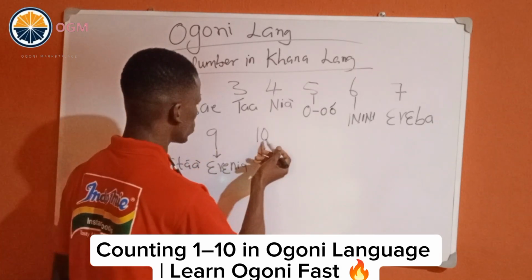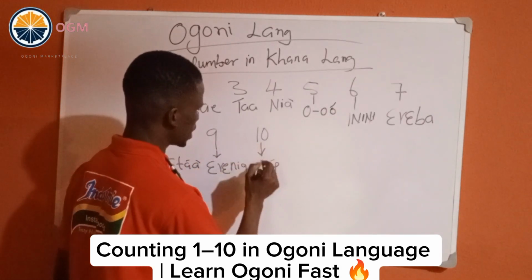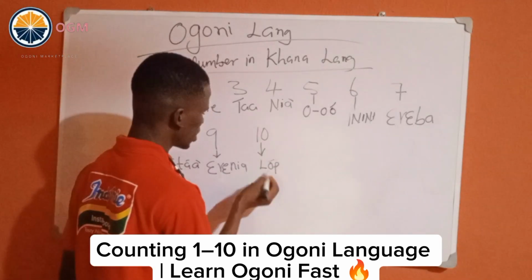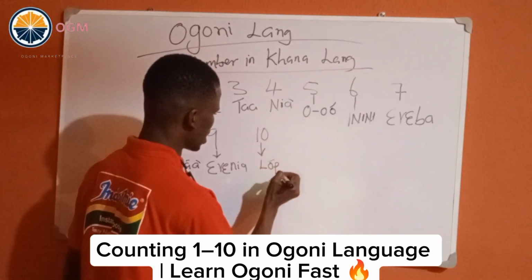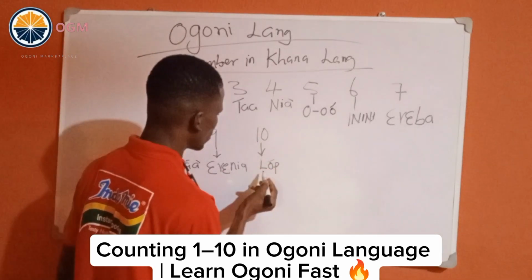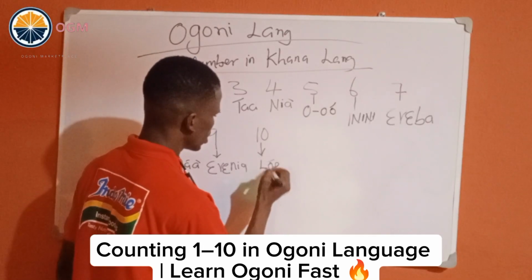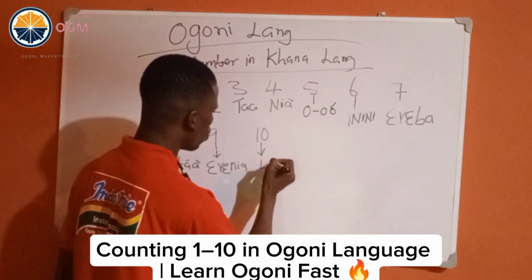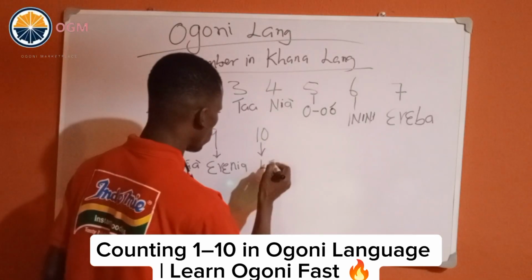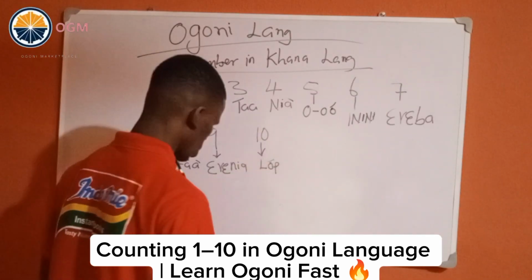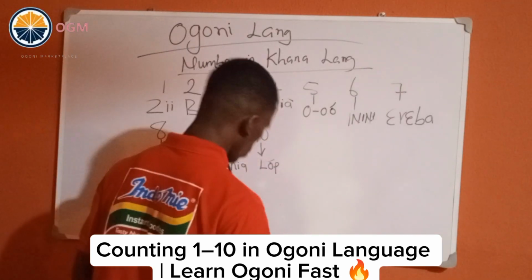We have the last on the board, which is 10. It's pronounced as loop in Ogoni language, Kana to be precise. Loop is spelled as LOP, with a hyphen on the O to make it loop. So let's go further.